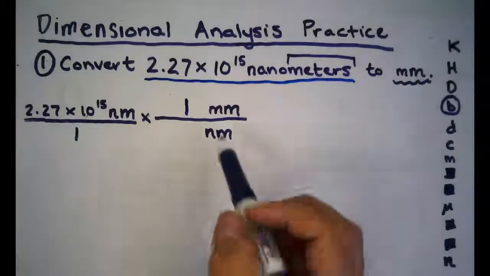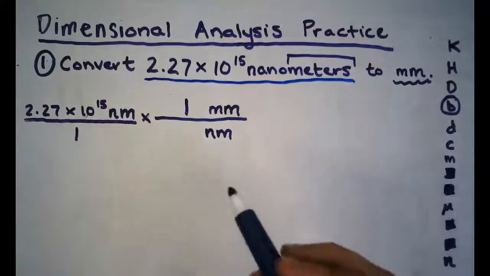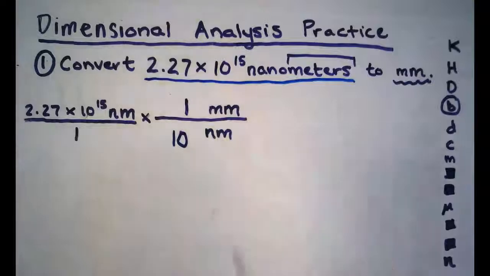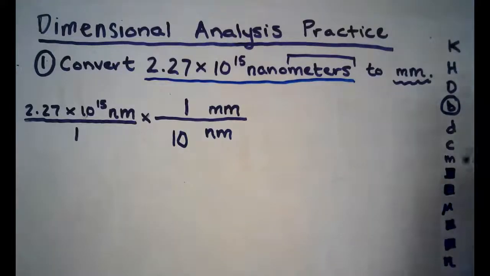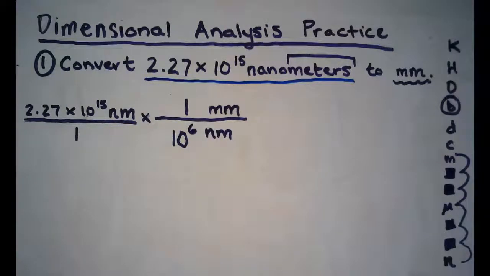And then I need to figure out how many nanometers there will be in 1 millimeter. So I know it's going to be 10 raised to some power, so I'm going to go ahead and write that 10. And to figure out what my exponent is, I'm just going to count the steps between nano and milli. So I'm going to count 1, 2, 3, 4, 5, 6. So 10 to the 6th nanometers in 1 millimeter.